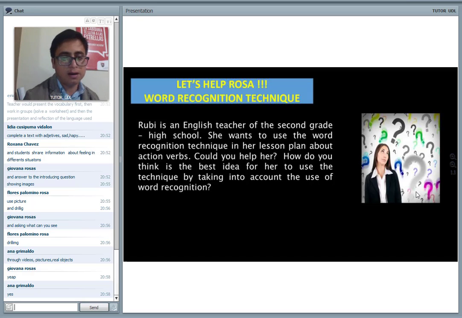Okay, remember that her lesson plan is about action verbs. So how does she apply the word recognition technique in her lesson? How can she do it?